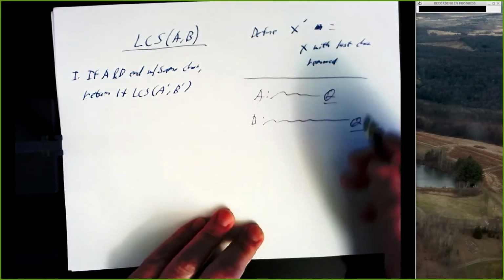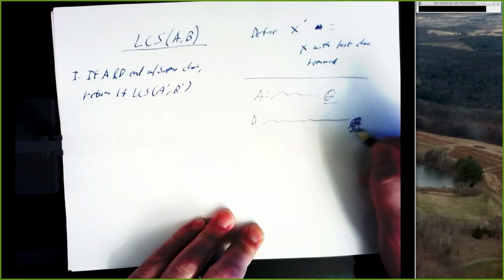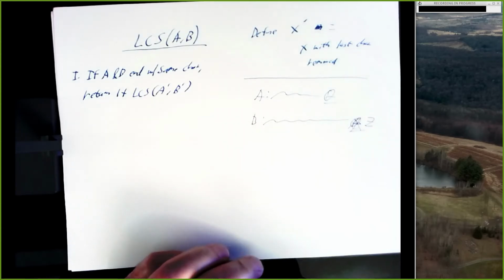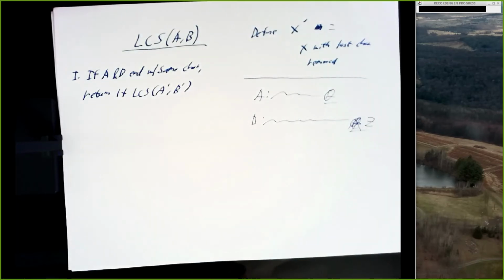So that's one case. The second case is something like this, where A and B don't end with the same character. And now there's two possibilities.